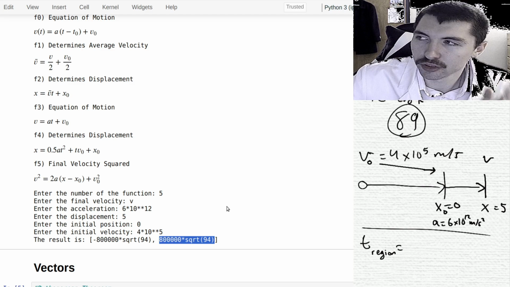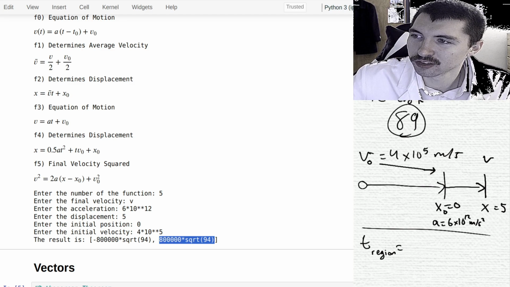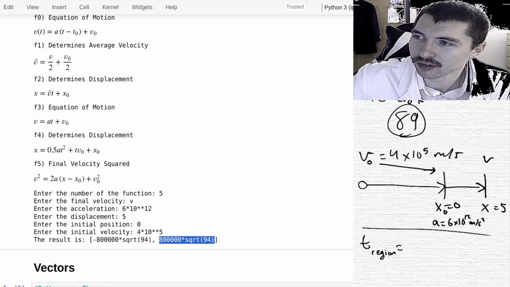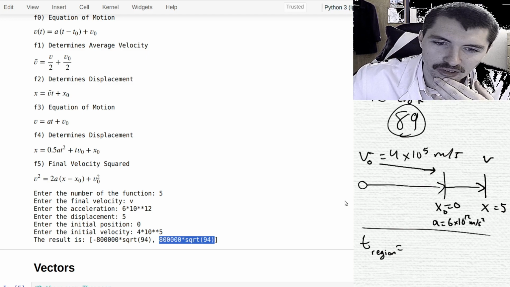I'm gonna choose the positive answer in this scenario because the initial velocity and the acceleration are both positive numbers.